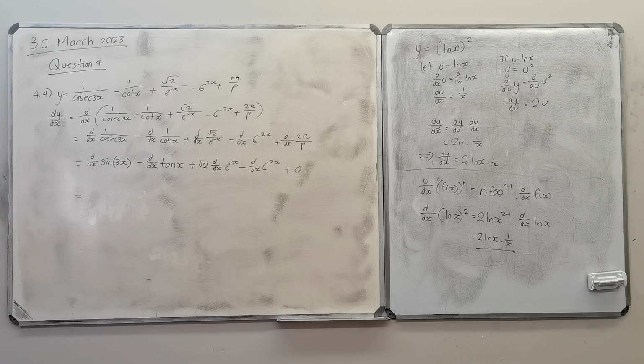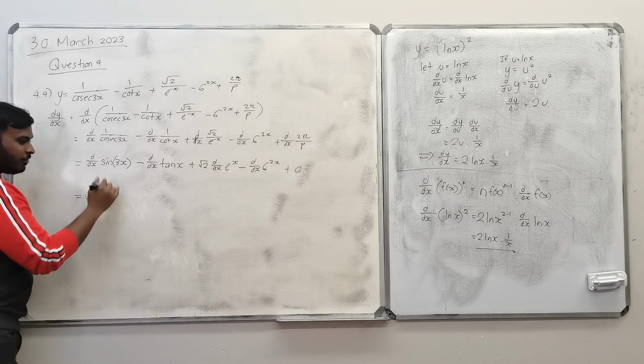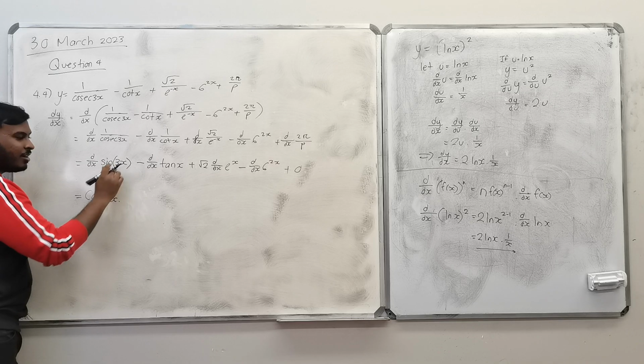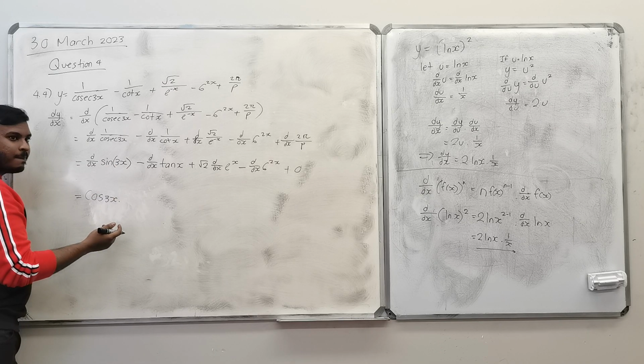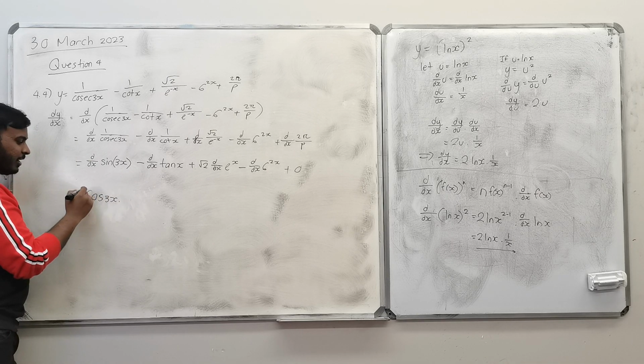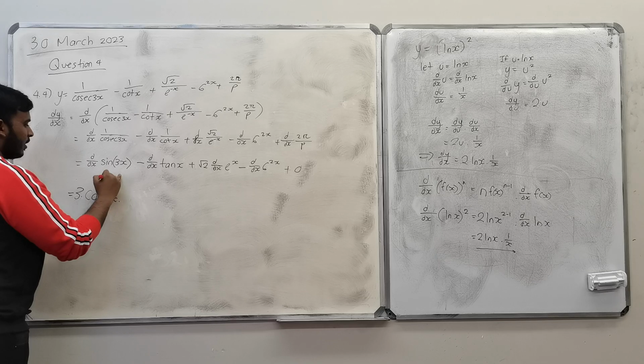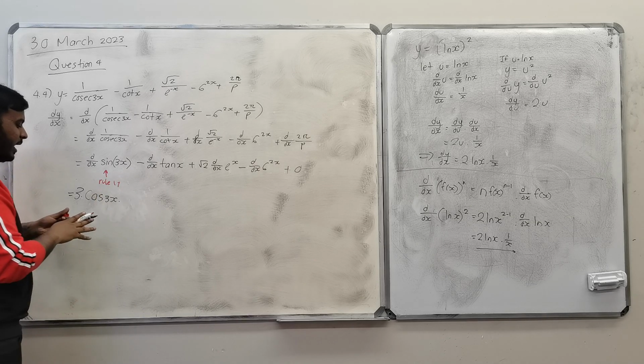It says that it's cos f of x times d over dx of f of x. So it's cos of 3x times the derivative of 3x, which is 3. So I can write this 3 in the front: 3 times cos 3x. You understand this? This is rule number 17. Right.